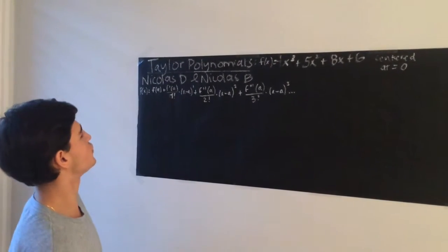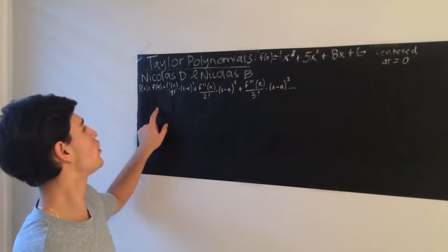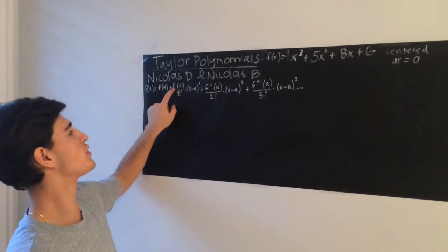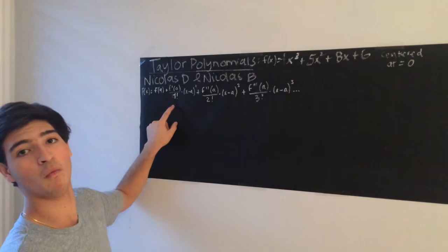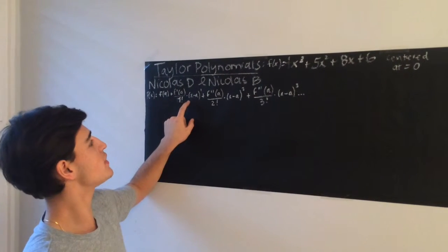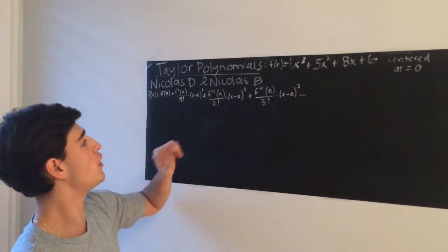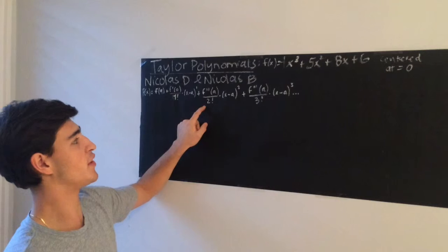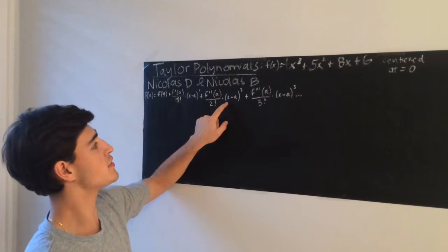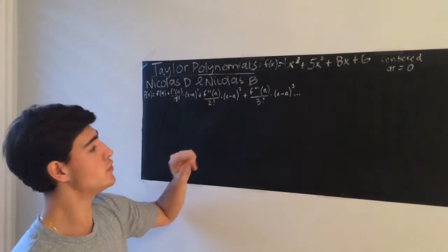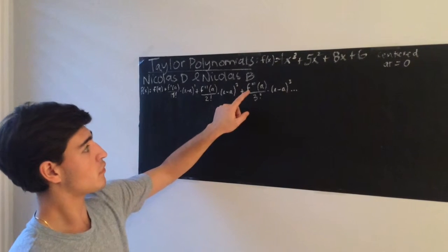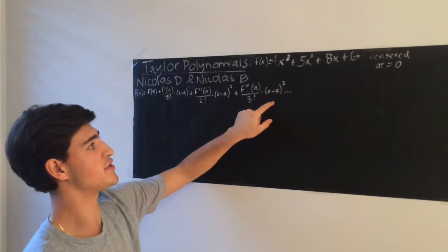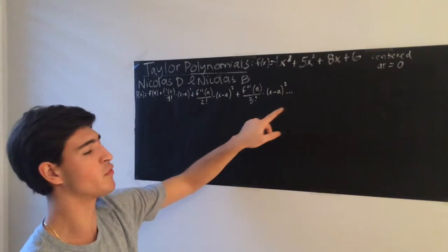Okay, so as you can see, the formula for the Taylor polynomial is basically f of a plus the first derivative of f of a divided by 1 factorial times x minus a to the power of 1, plus the second derivative of f of a divided by 2 factorial times x minus a to the power of 2, plus the third derivative of f of a divided by 3 factorial times x minus a to the power of 3.